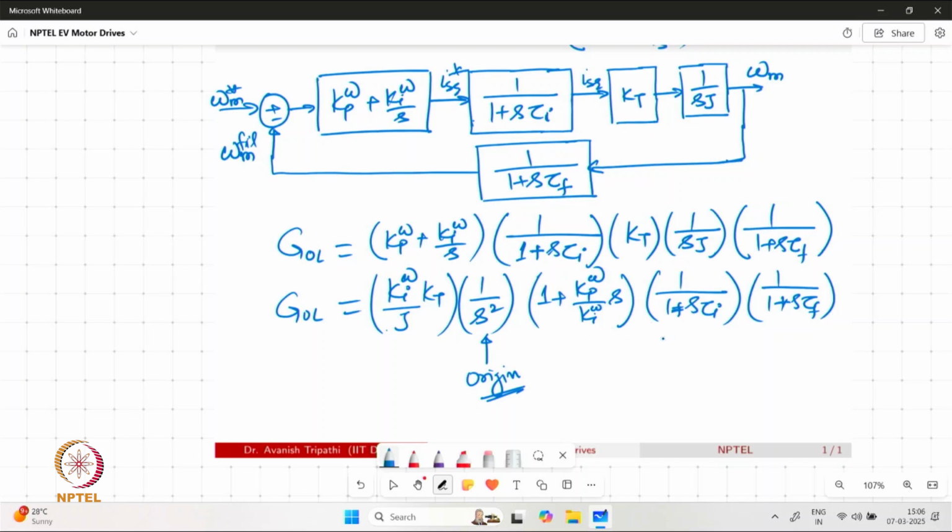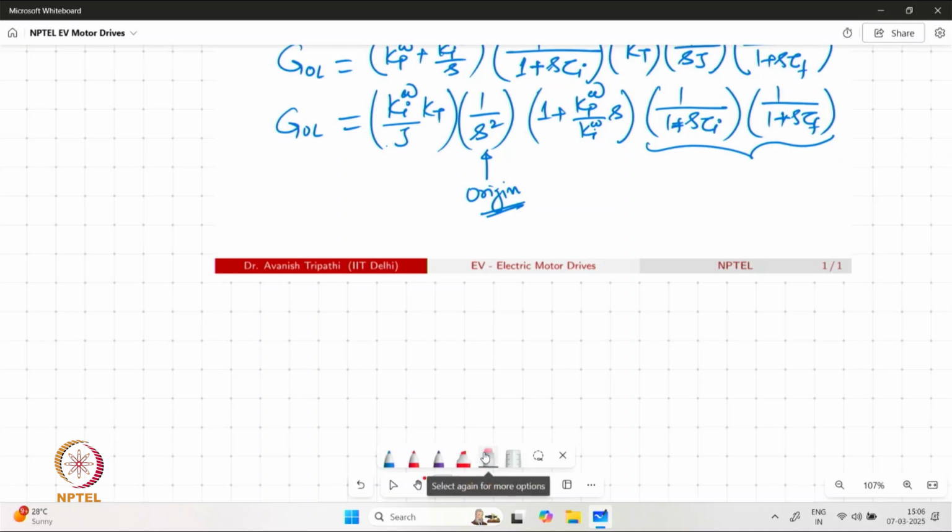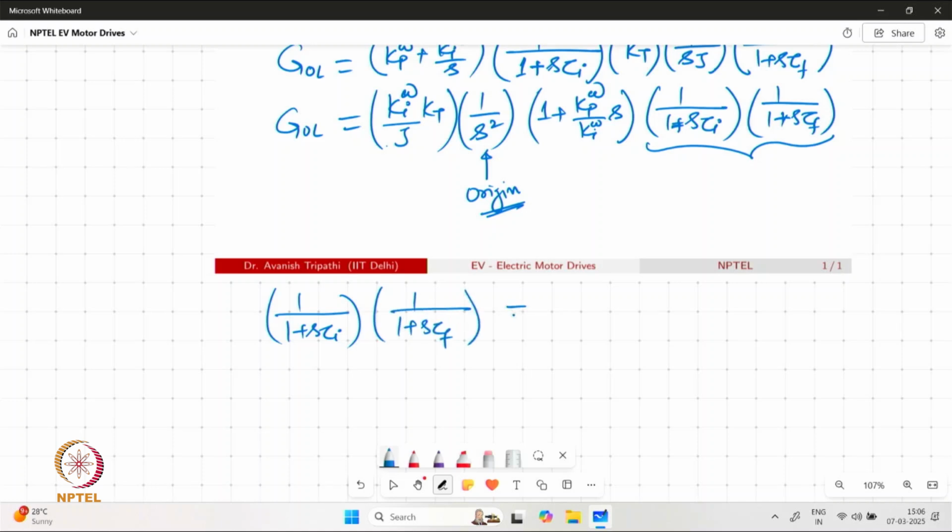So what can be done, because compared to origin, these two poles are at a little bit far frequency, they can be combined to have a cumulative, a kind of fictitious pole which gives the impact corresponding to both the poles. So in other words, what is attempted over here is that if we take the product of these two terms, we are going to have a second order system.